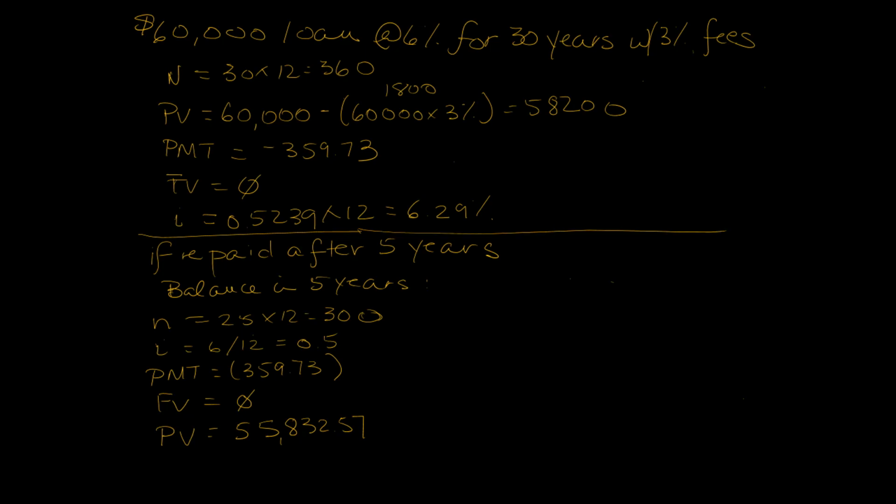Now, step 2 is solving for the interest rate. So we want to know the effective interest rate on the loan when it's prepaid after 5 years. So N will be the 5 years, or 5 times 12, which is equal to 60. The present value is the same as the present value when we calculated the effective interest rate when it was expected to be paid over 30 years.